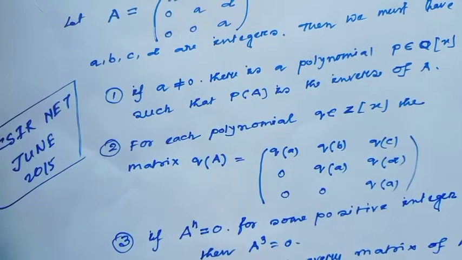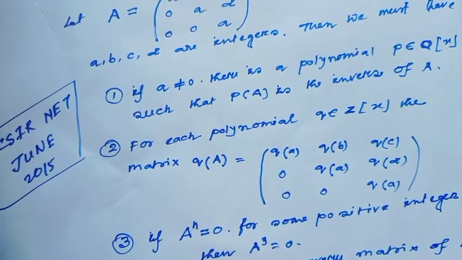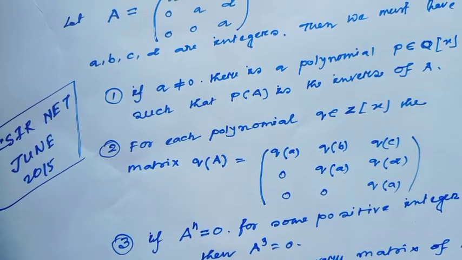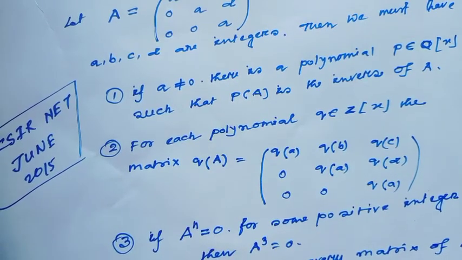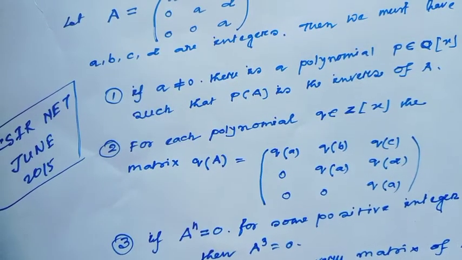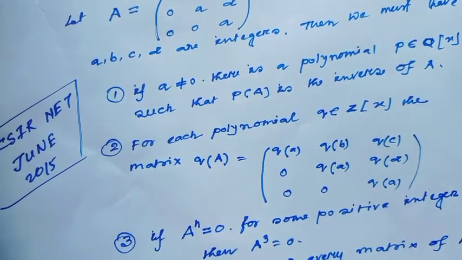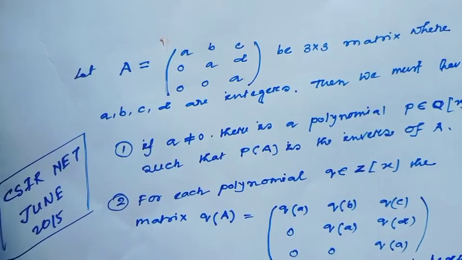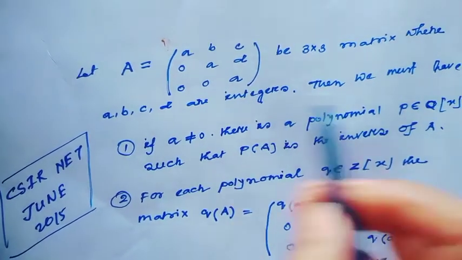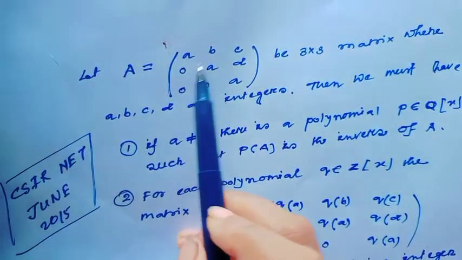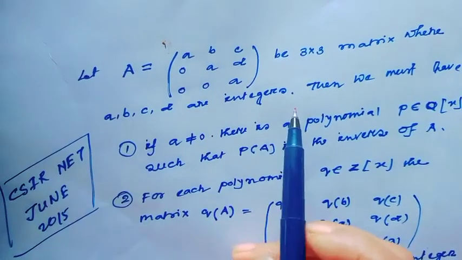Let us discuss another question which came in the CSIR NET June 2015 exam. This question depends on the characteristic polynomial. The question is: consider the matrix A, a 3 cross 3 matrix, where a, b, c, d are integers.